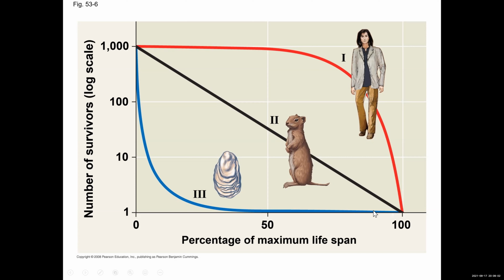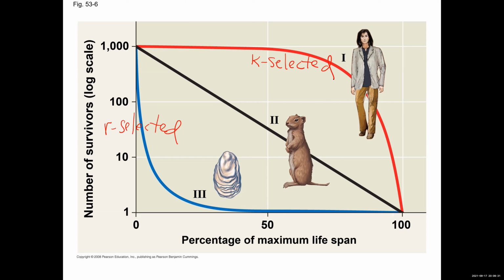So those are organisms that we typically refer to as r-selected. And organisms like us that really survive really well most of their lives, we'll call them K-selected. We'll come back to why we're calling them these things in just a minute.